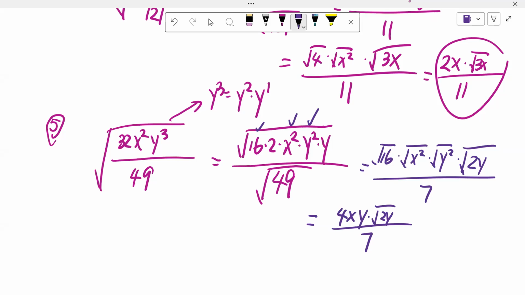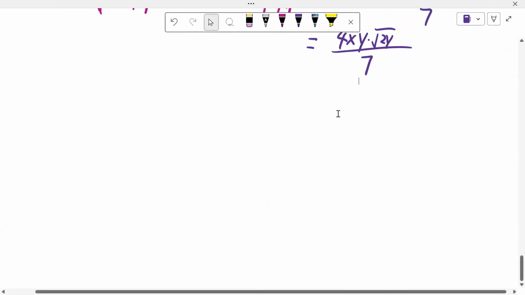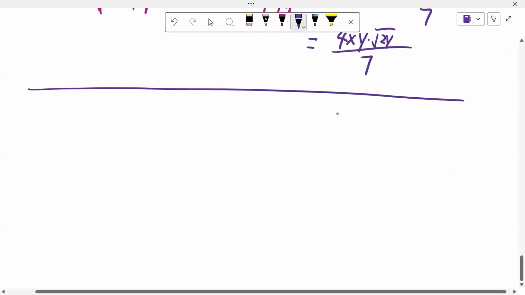Okay, you guys try some of them, right? I'm going to show you a couple and you try them. So let's try, what is the square root of 125 over 64?